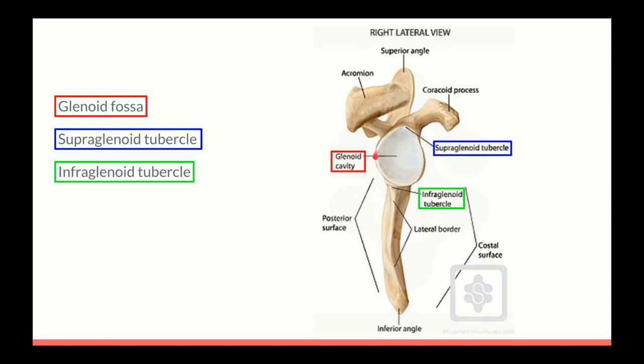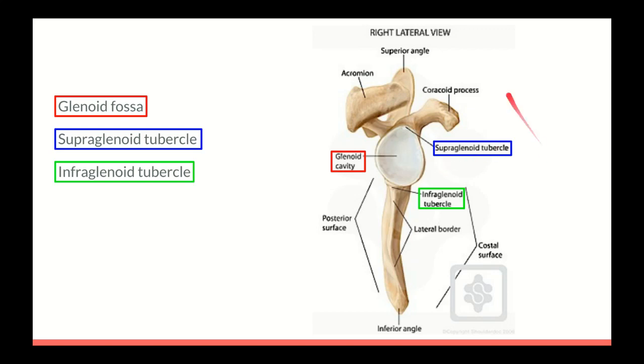If this is the glenoid fossa, it makes sense that this would be the supraglenoid tubercle, supra meaning above the glenoid fossa, which we just identified. Coming down here, we have the infraglenoid tubercle. These will be really important, again, once we get to muscles.